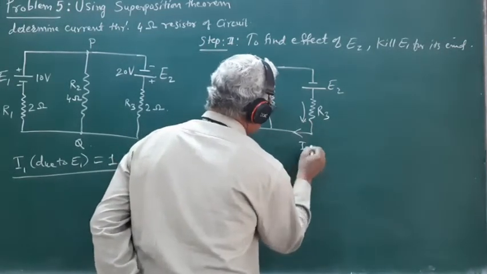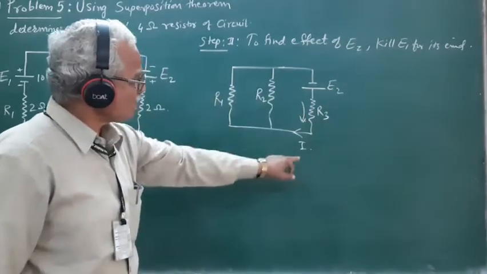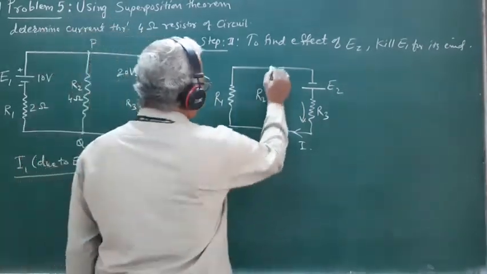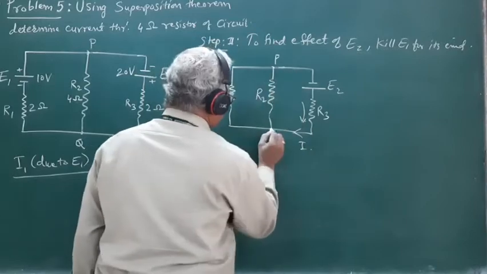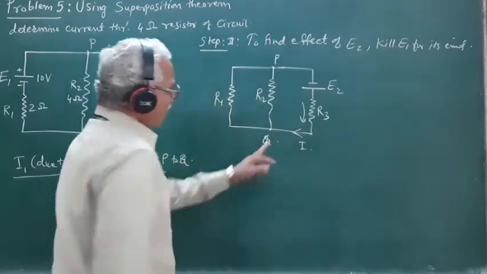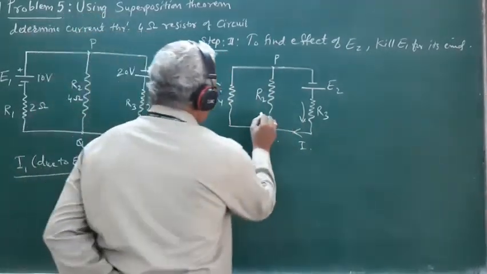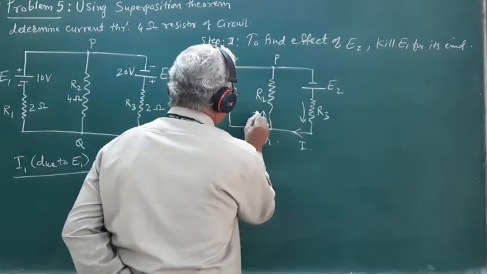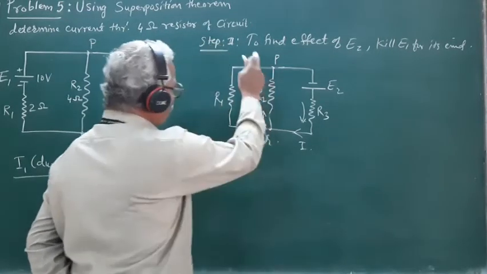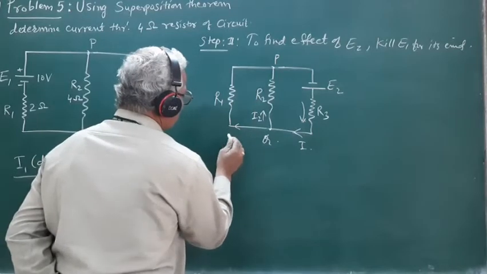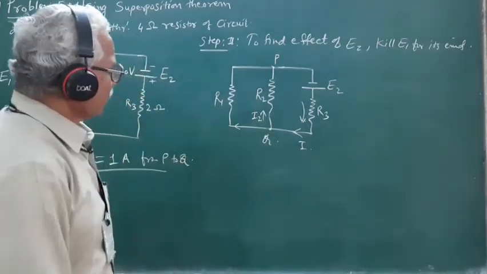Say I is the total current sent by the source E2 in the circuit. This is the junction P, this is the junction Q. At the junction Q, certain part, say I2, flows through R2 and the remaining current flows through R1.